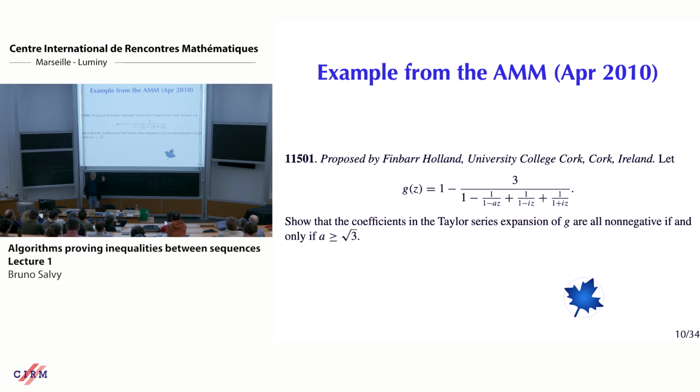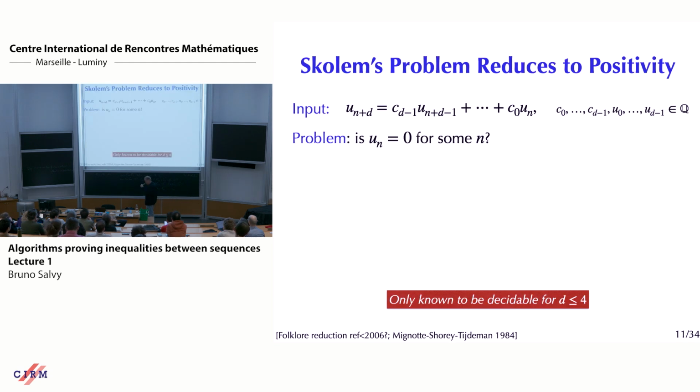Okay, so for this type of recurrences, when you have this property of domination of the largest root, that's okay. But it has to be difficult because there are difficult problems around that reduce to positivity. And the Skolem problem is probably the most famous one of those.